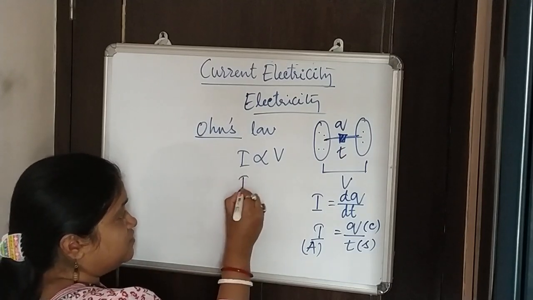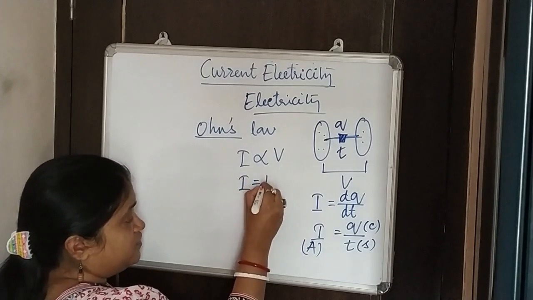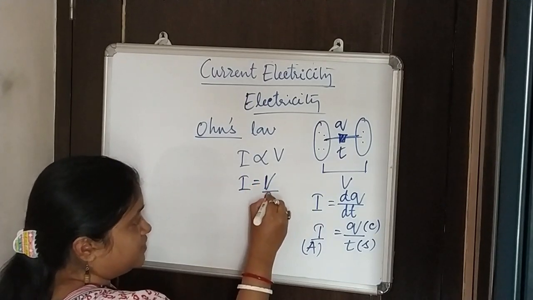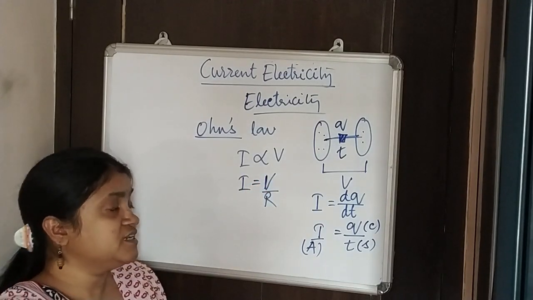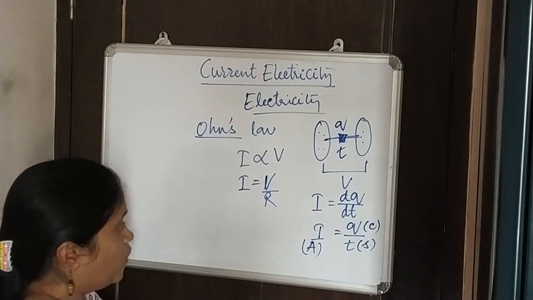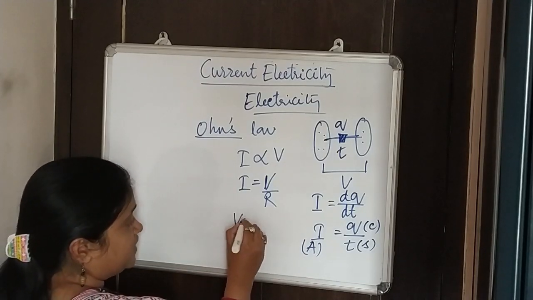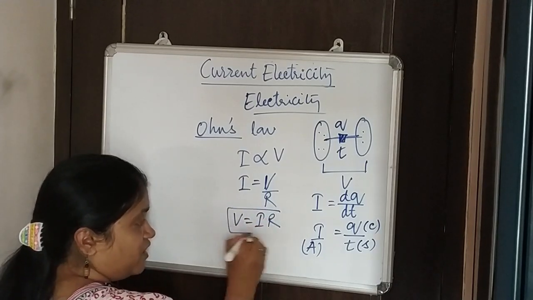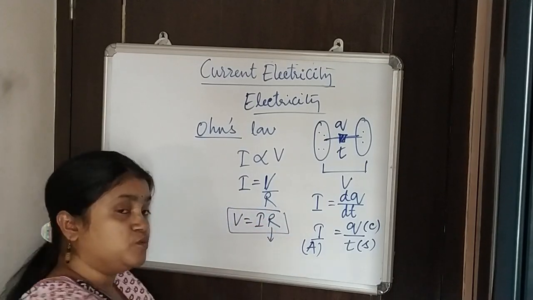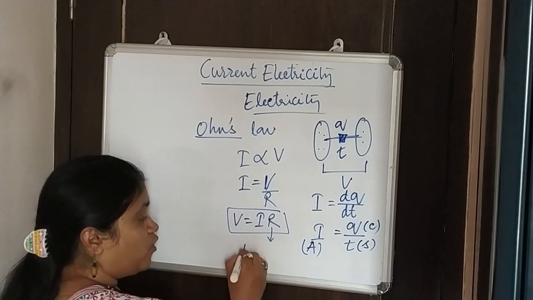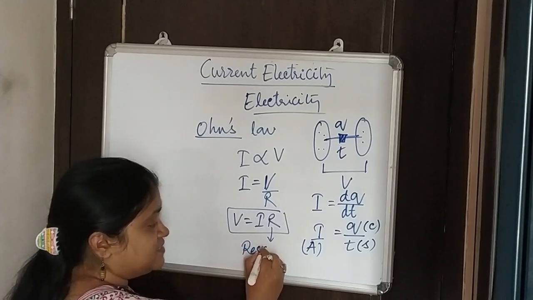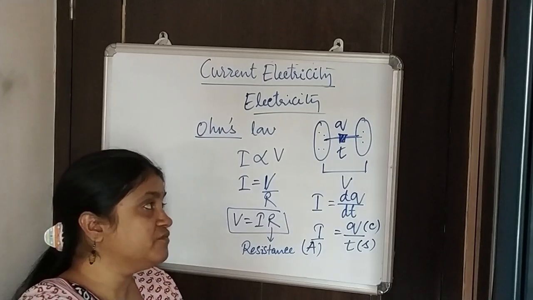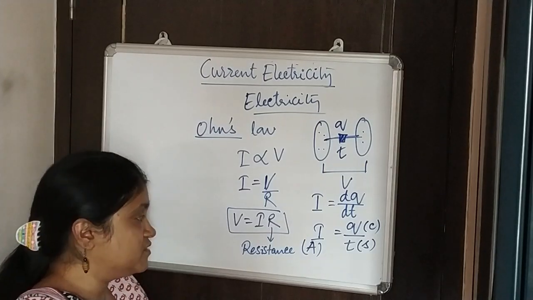And then we equate it, V equal to IR, where R is a proportionality constant and we call it the resistance of the wire or the material of the wire.